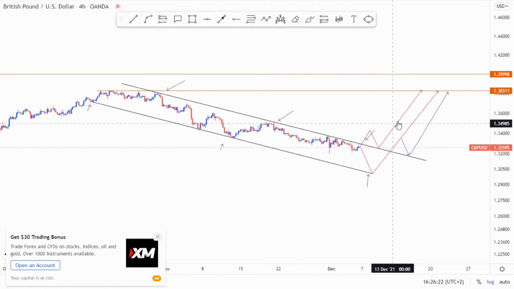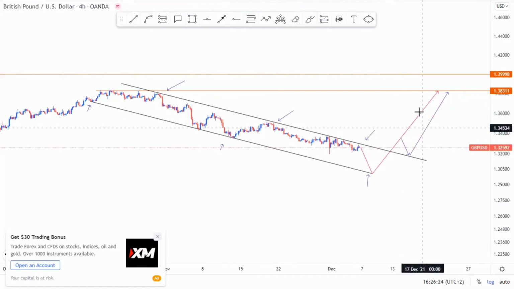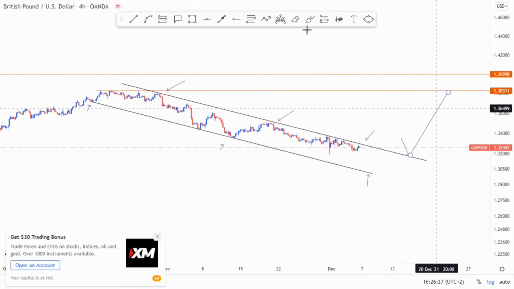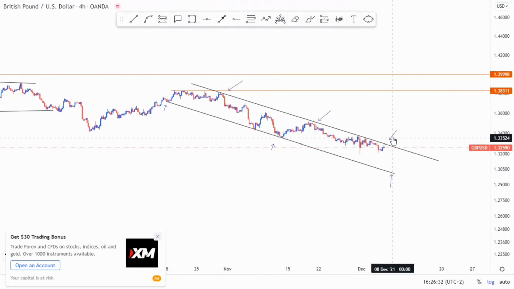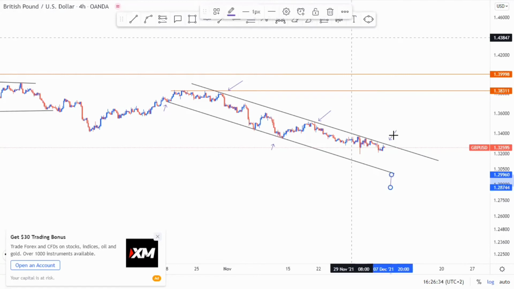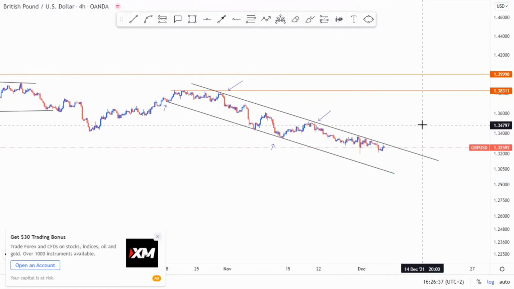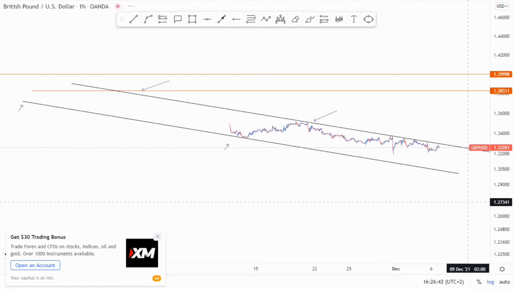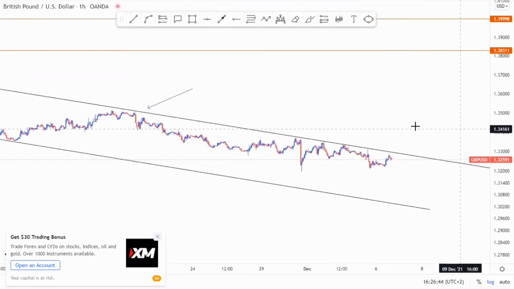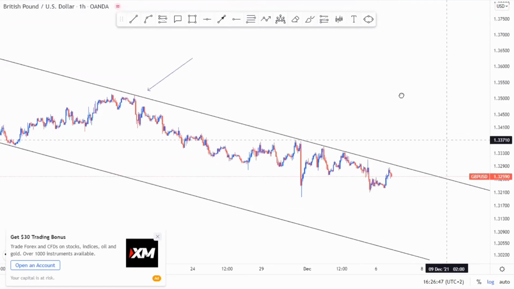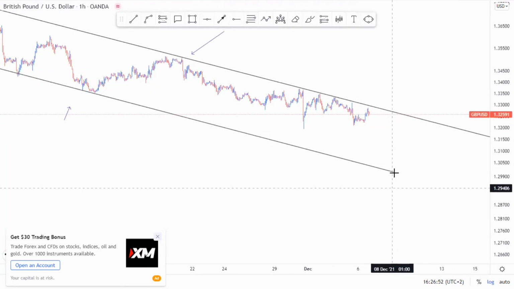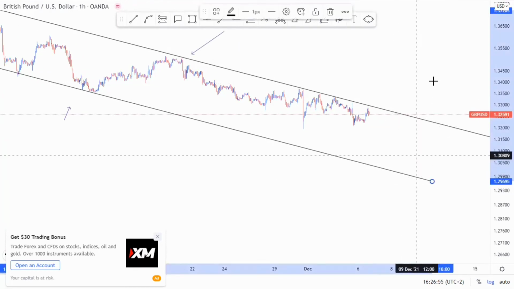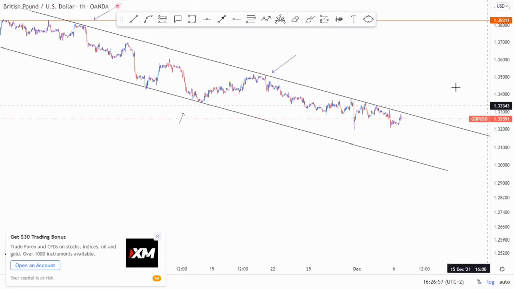So let me just dive to the 1 hour time frame to spot more patterns. But first I have to clear my analysis where price currently is. And now we have the 1 hour time frame. And we still expect selling opportunities, as you guys can see. We still expect price to sell.